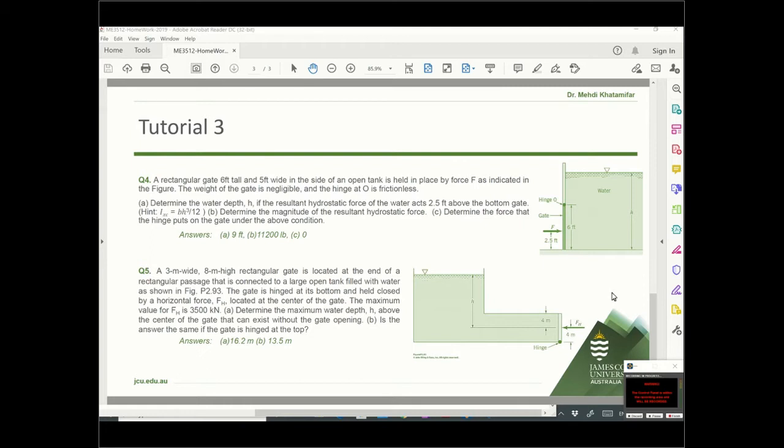For me, this wall can be here, we don't care. So you need to find the resultant force on the left side. If you find magnitude and position, they should balance each other.